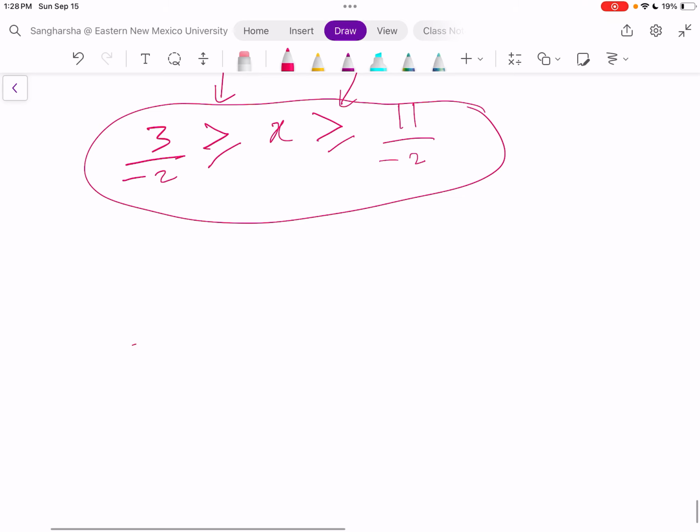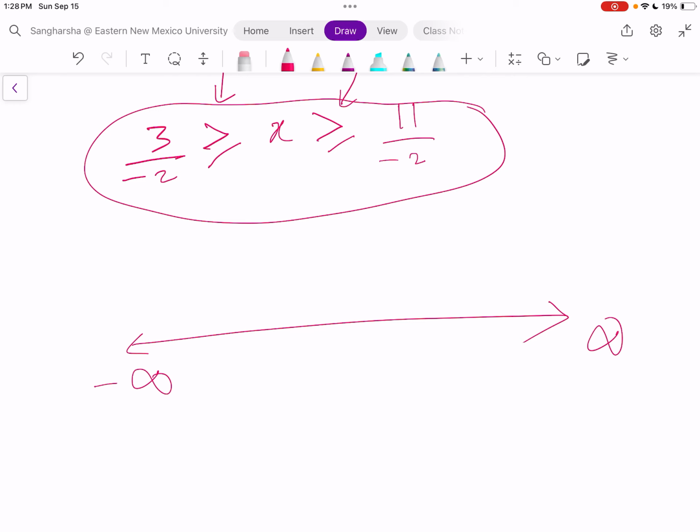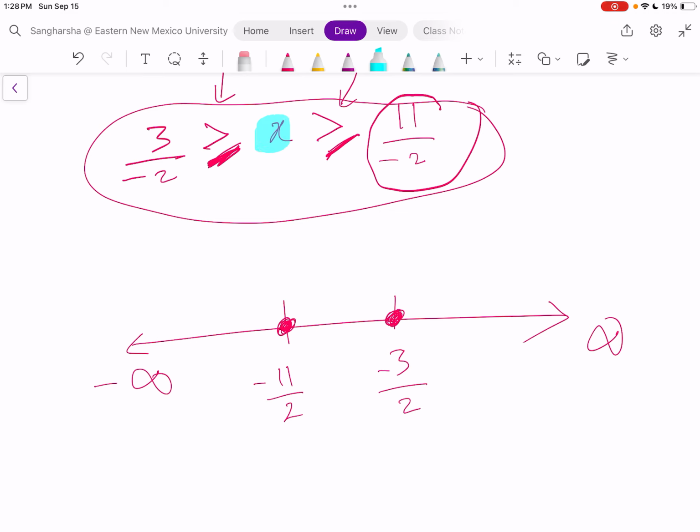Now let's graph this. We have negative infinity and positive infinity, so which one is the smaller number? This one is the smaller number. Let's say somewhere here negative 11 over 2, and negative 3 over 2 somewhere here. We have an equals sign on both, so we have closed circles. Now can you tell me a number which is greater than negative 11 over 2 and less than negative 3 over 2?